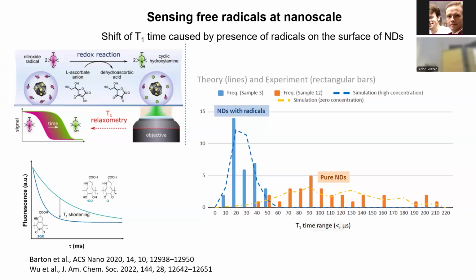I need to say that the T1 time of nanodiamonds is often shorter than the few milliseconds of T1 time in bulk diamonds because of complex surface effects and radicals always being present, even without the radicals you want to sense. There is some radical concentration on the surface. That's why this distribution of T1 time is shifted to shorter times compared to the bulk diamond value, but there is a clear contrast in this distribution.